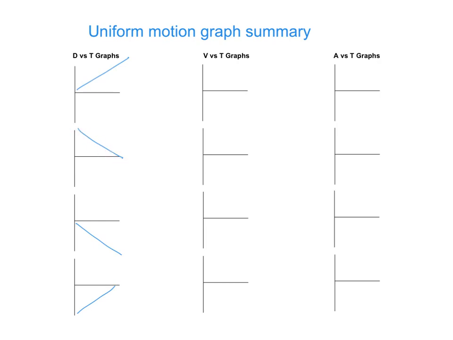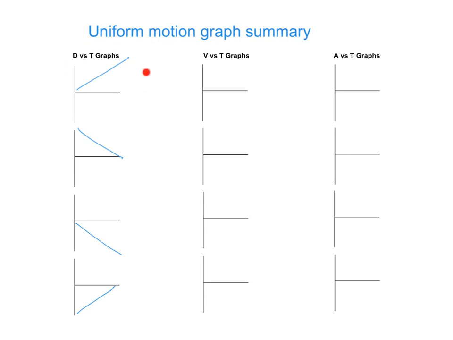That might be something that you want to write down. I'm probably not going to write down too much on mine, but write down what you need as we go through it. So the direction, this is something very unique about the dt graph. The direction is determined by positive and negative slope. That's not the case for the vt graph and the at graph. They both determine their own directions differently than the dt graph.